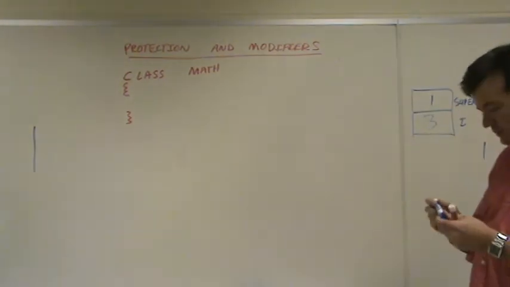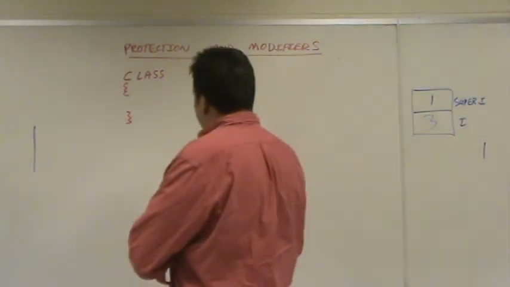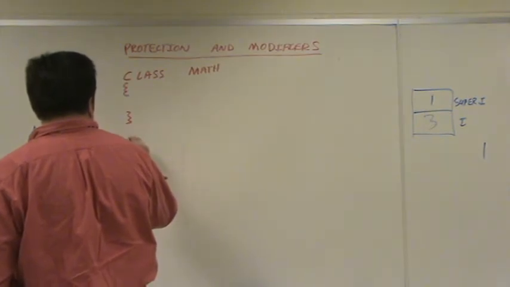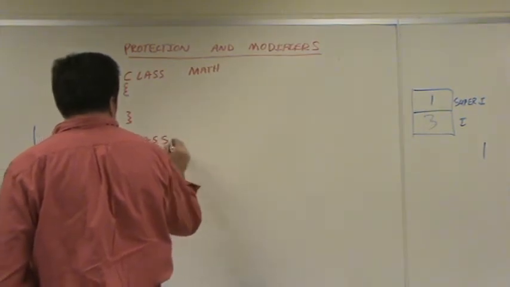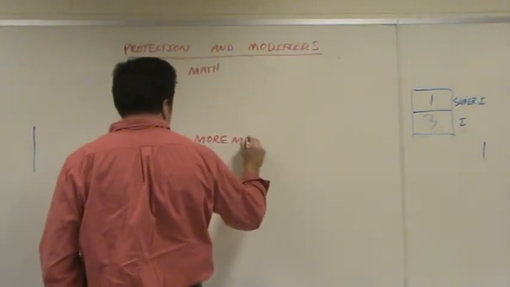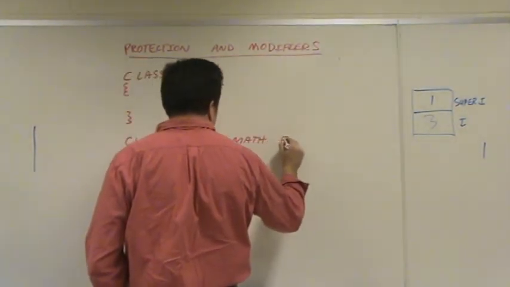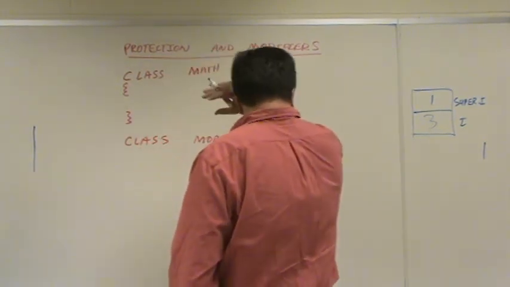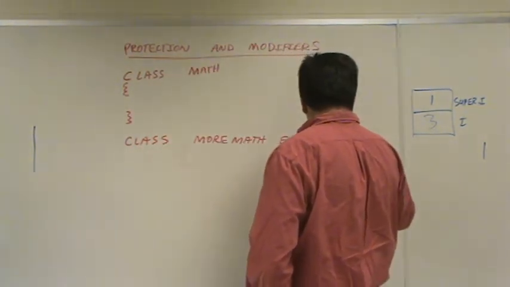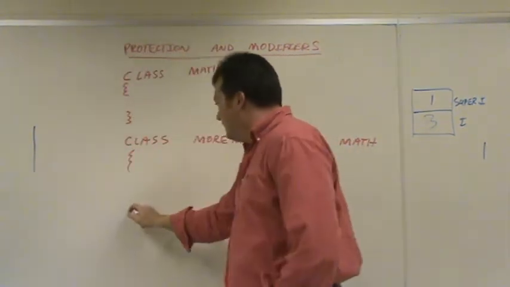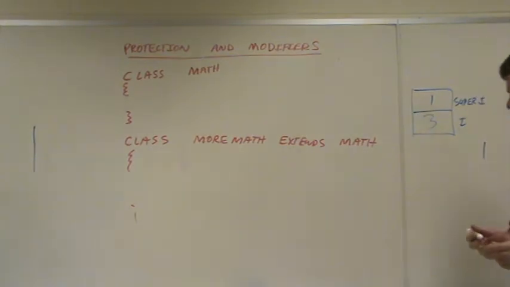Suppose somebody came along and said, I'm going to create my own class, MoreMath, that extends Math. And then you get everything that came with Math, and then you can add more. You start making up your own math.